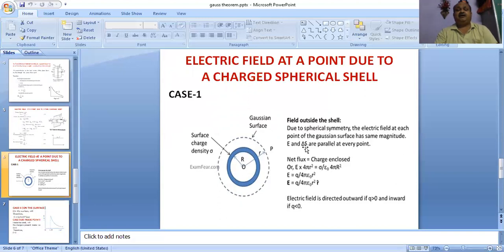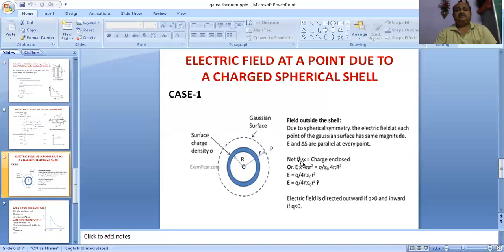E and delta S are parallel at every point. When we take the area vector, it will be in this direction along the radius, and this is positively charged. So the electric field will be away from this. So E and dS will be in the same direction at each and every point.